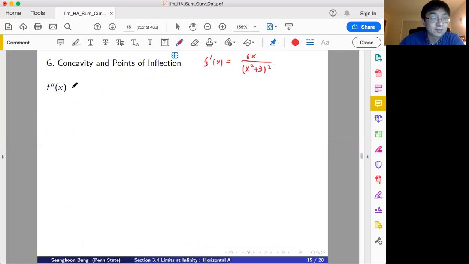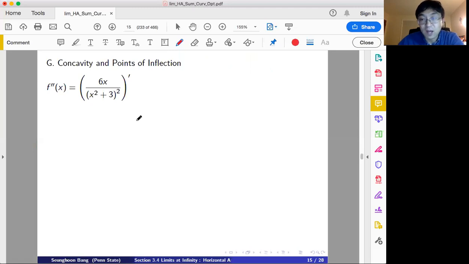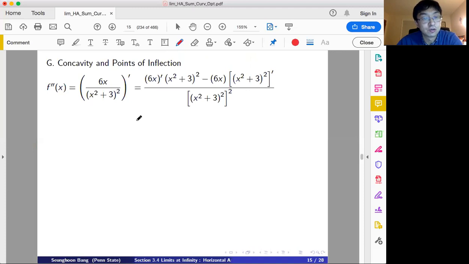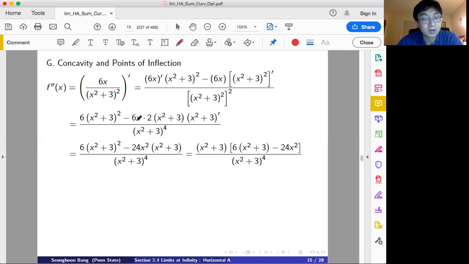The second derivative is the derivative of the first derivative. You calculate like this. I don't calculate it here, the calculation is up to you. You can use the quotient rule and simplify. We have this answer: 18 times (1 minus x)(1 plus x) over (x squared plus 3) cubed.